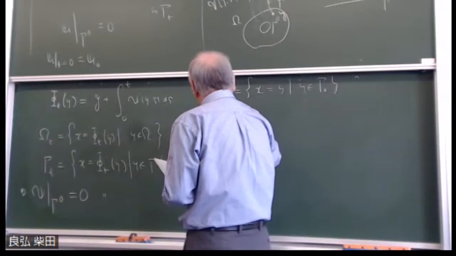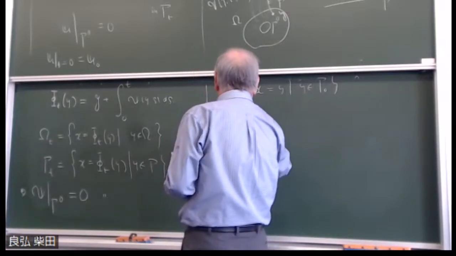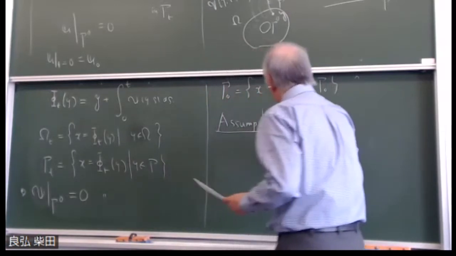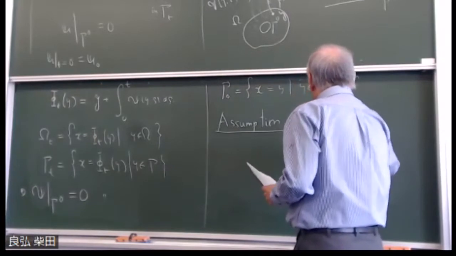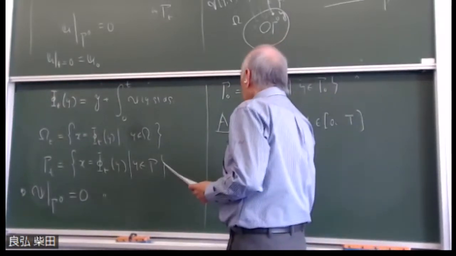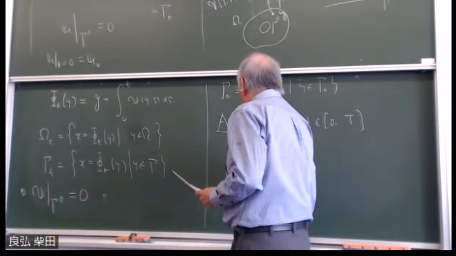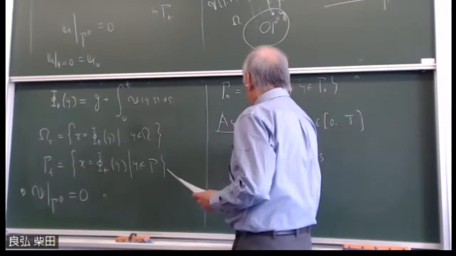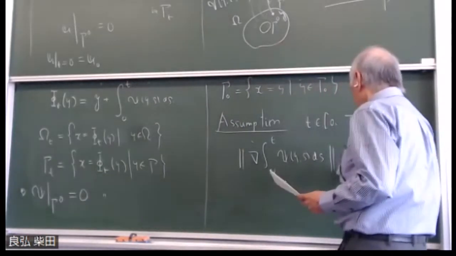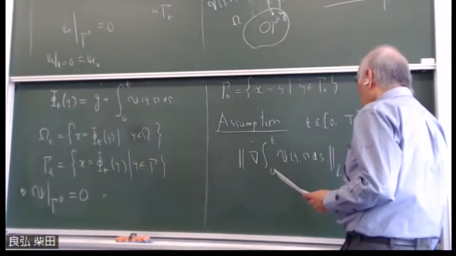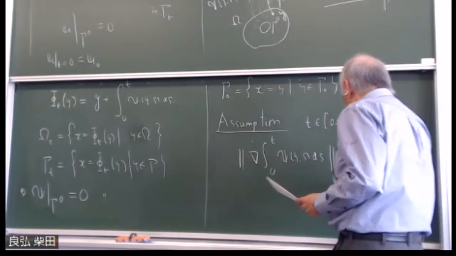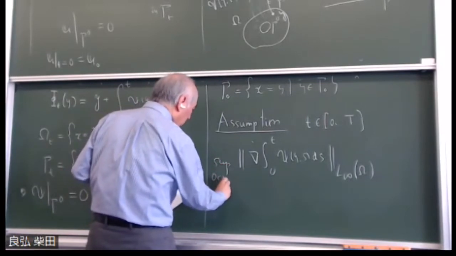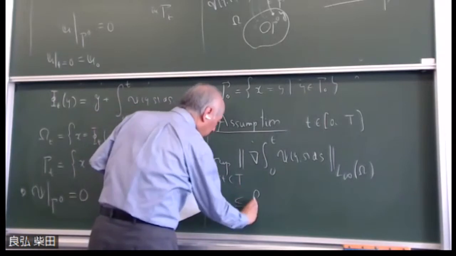So the assumption, at least for now, where t is capital T, is that the sup norm over omega of the gradient of the integral of v is less than delta.